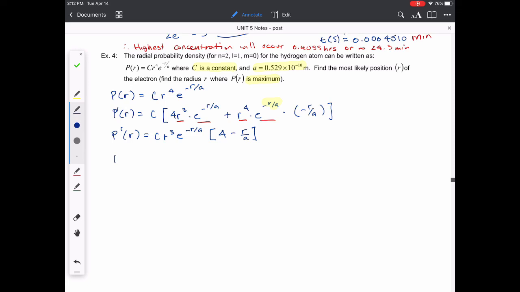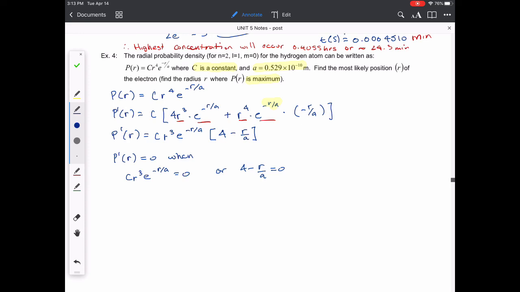All right, so we always set it to 0. And that happens when we have C R to the exponent 3 e to the negative R over A is equal to 0, or, doesn't make a difference, 4 minus R over A is equal to 0. For the first one, anything we put for the exponent will never set it equal to 0.